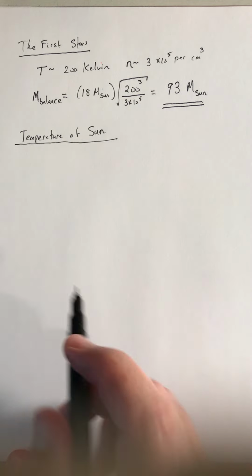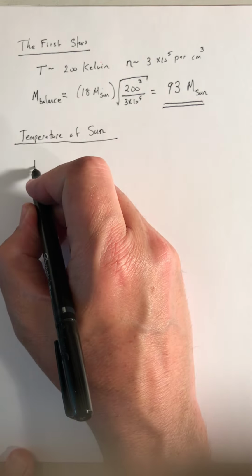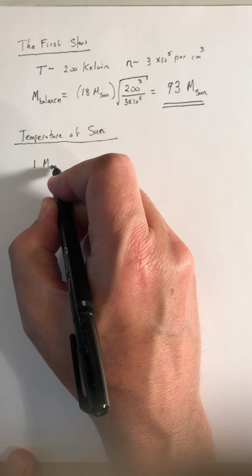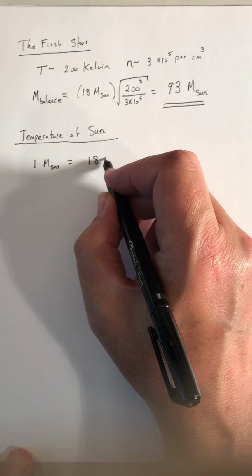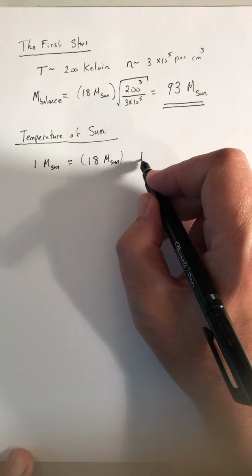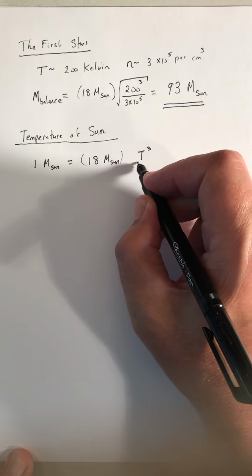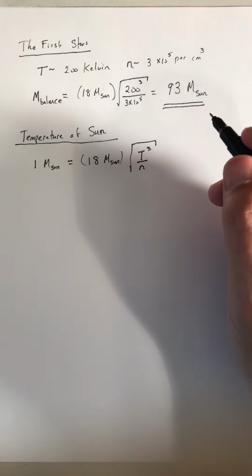All right, so now M balance is known. It's 1 times the mass of the sun. It's going to equal 18 times the mass of the sun times temperature cubed over number density of particles, all square root.